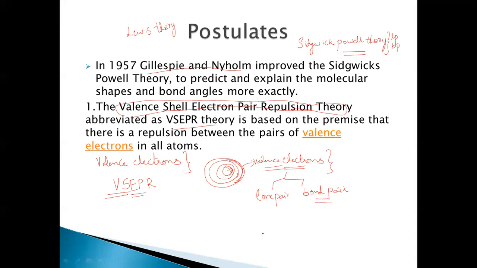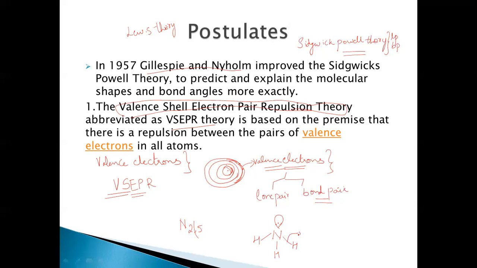Suppose I take the example of ammonia. We know that the electronic configuration of nitrogen is 2, 5. So the outermost shell has 5 electrons, that means it has 5 electrons in the valence shell. Three are involved in the bonding, and one pair is a lone pair which is present on the nitrogen.